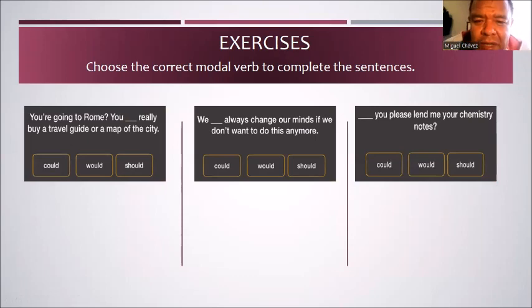Here we have other 3 exercises to practice these structures. Please, another volunteer for the first one in this set.